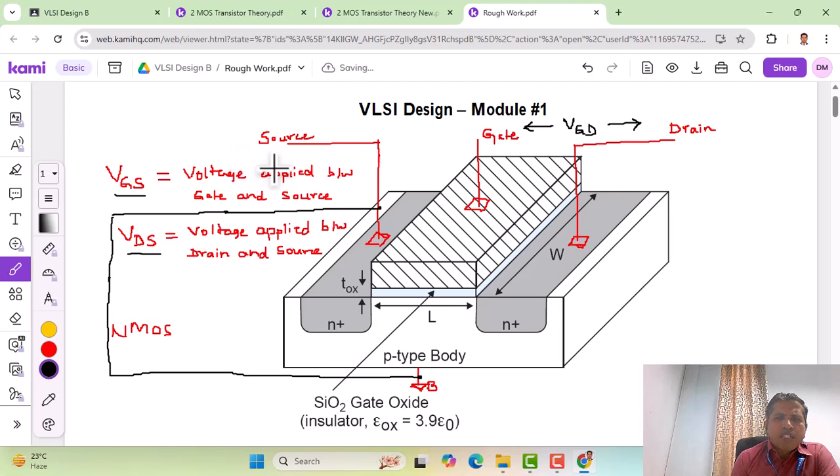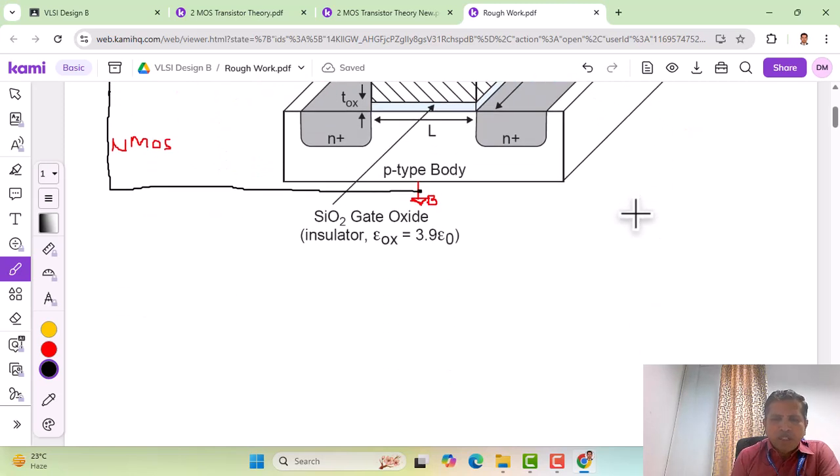Understand that these three voltages play a very important role: the gate source voltage, the drain source voltage, and the voltage between gate and drain. Now let us try to derive the relationship between VGS, VDS and VGD.